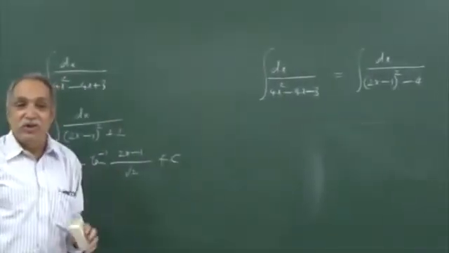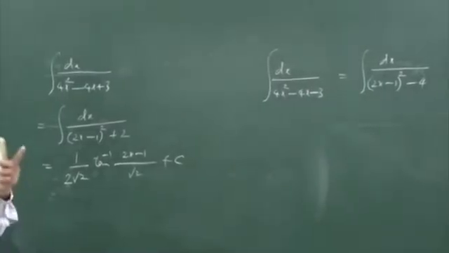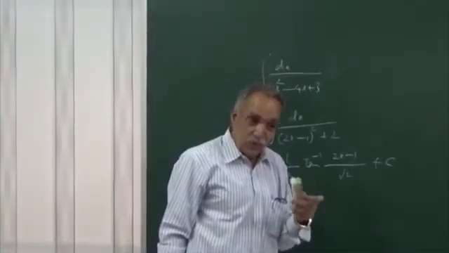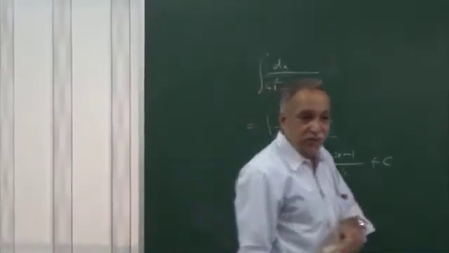We find the function to be integrated now in the form 1 by x square minus a square. For 1 by x square minus a square, the known integral is 1 by 2a log of x minus a by x plus a.